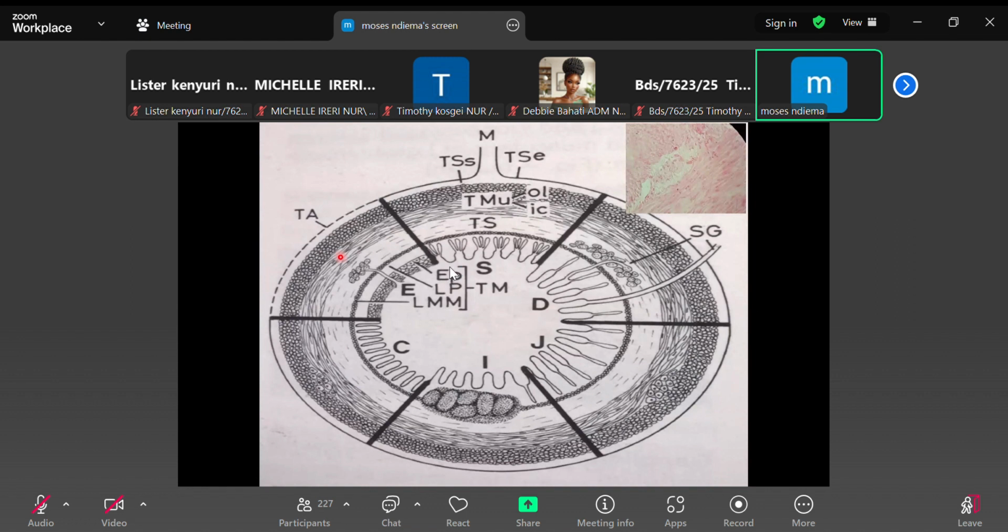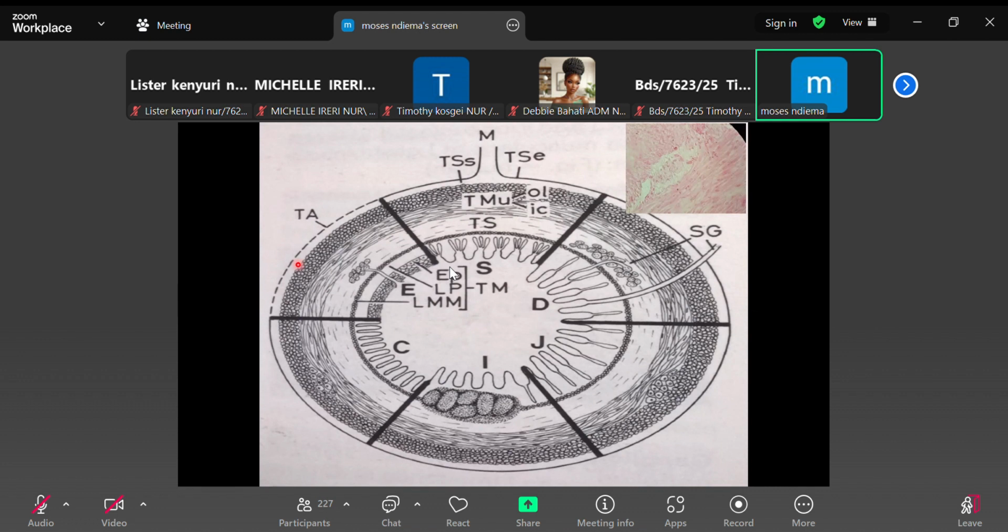The outer part of the esophagus can consist of an adventitia in the areas that are not covered by peritoneum, which includes the cervical part in the neck region and the thoracic part of the esophagus.